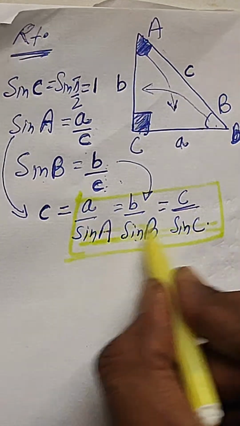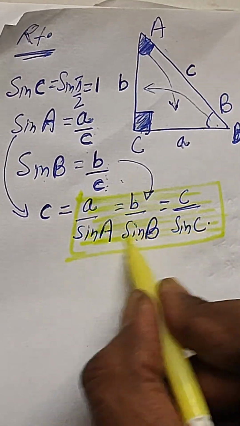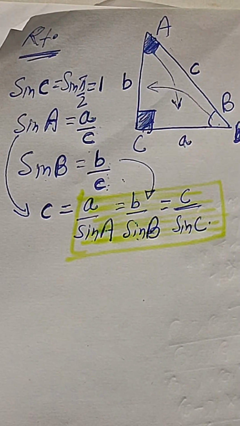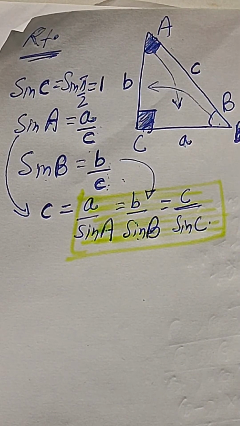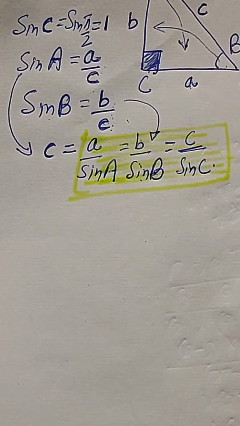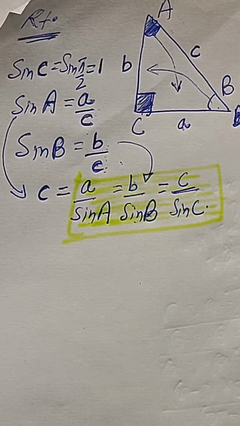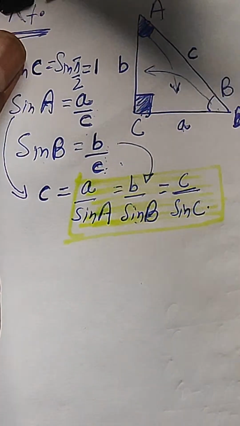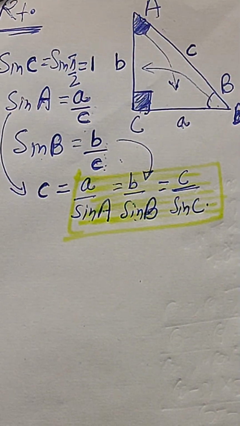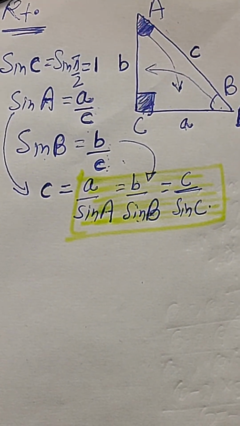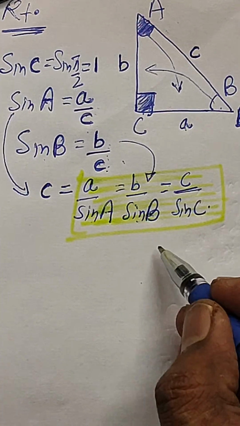And this can be proved. Now, the third option which is left with us, we will see the derivation today, my dear friends. We have already considered the right angle triangle and the normal acute triangle, and after that let us consider an obtuse triangle.